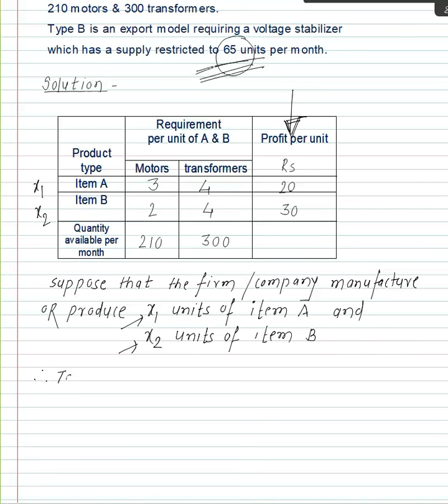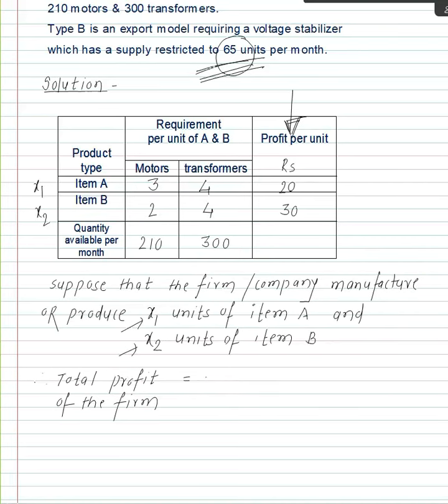Therefore, total profit of the firm is equal to profit of X1 units of A plus profit of X2 units of B.